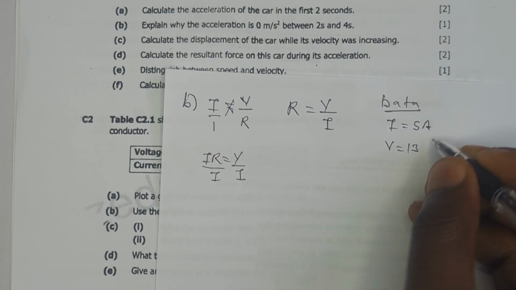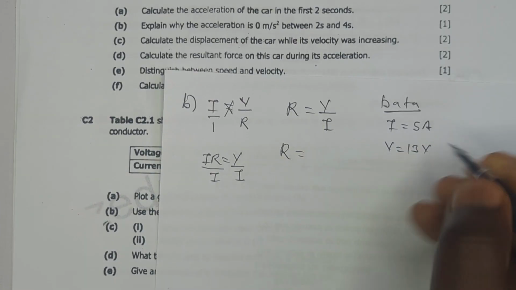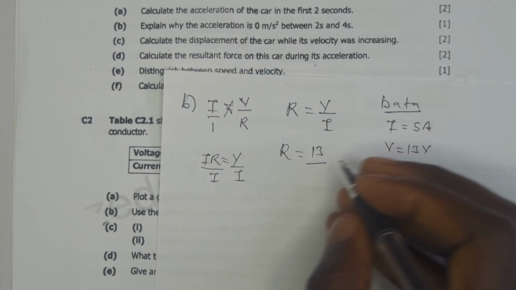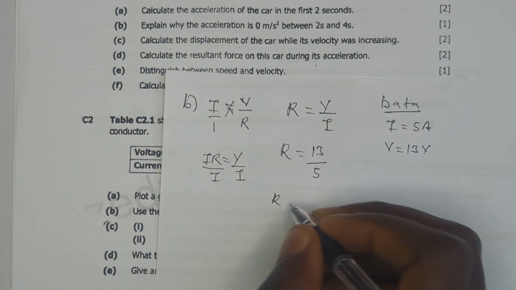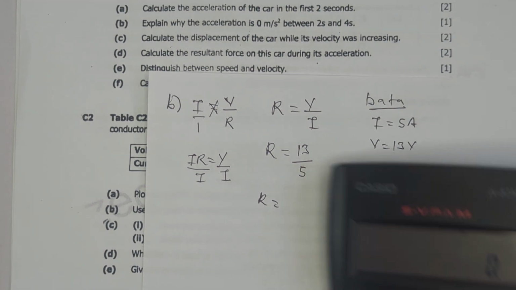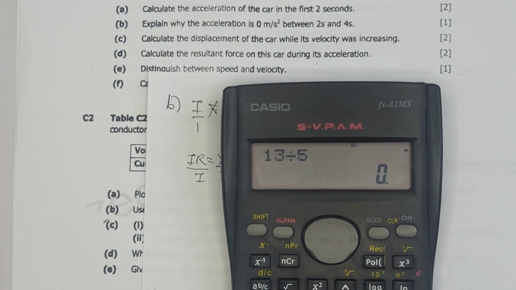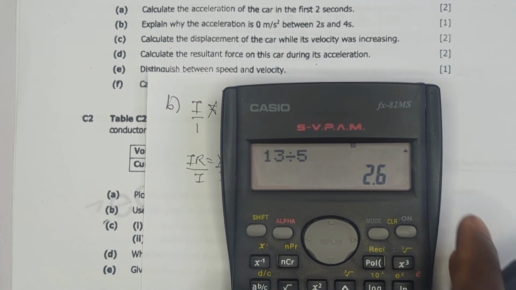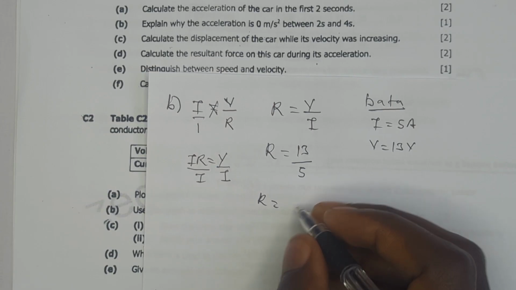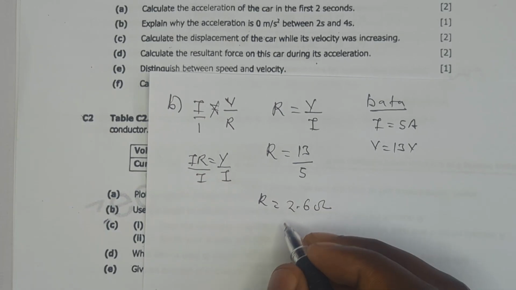Voltage is equal to 13 volts. Resistance therefore is equal to voltage, that is 13, divided by our current, that is 5. So 13 divided by 5, it is giving us 2.6. So 2.6 is our resistance. 2.6 ohms. That's the SI unit for the resistance.